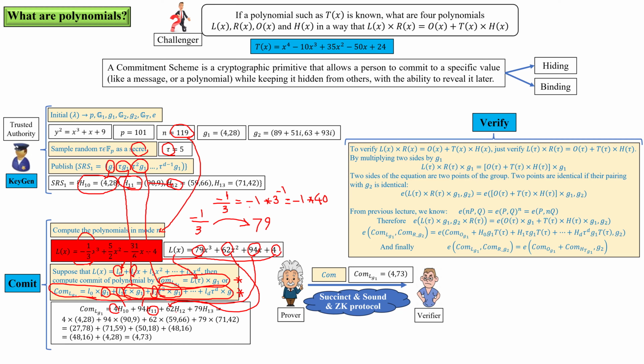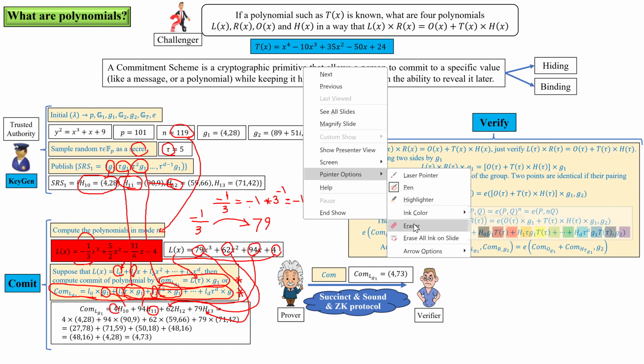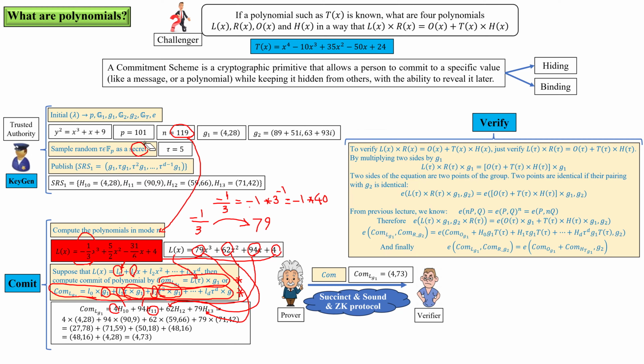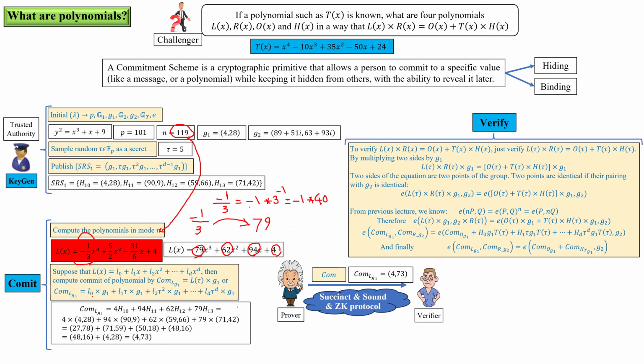So this is multiplied by H12, and the next one is multiplied by H13. So the prover uses the SRS values already computed and shared by the trusted authority to compute the commit of the polynomial.